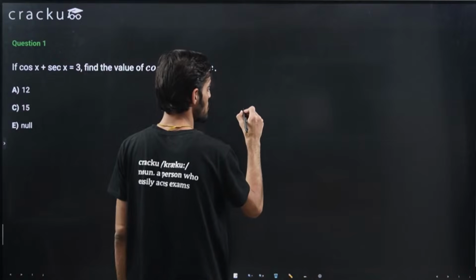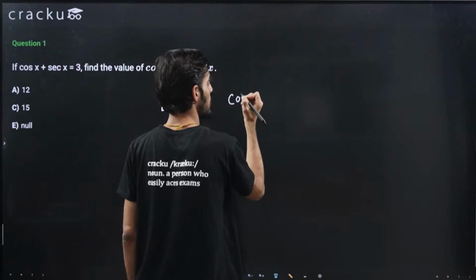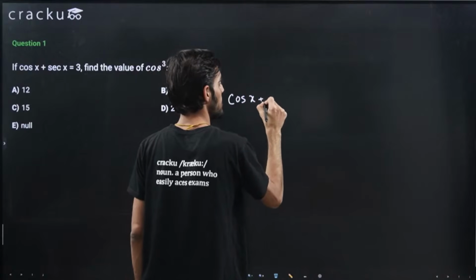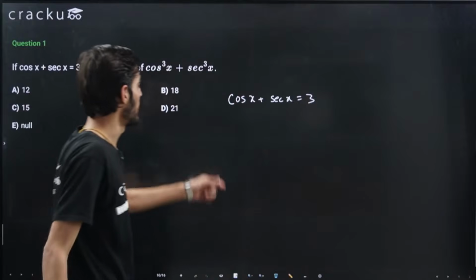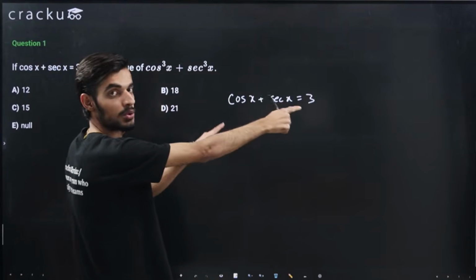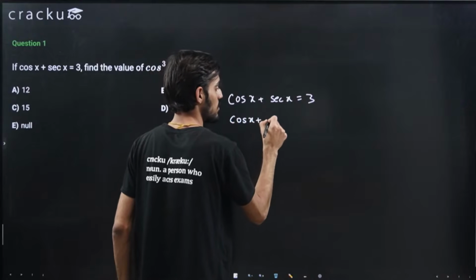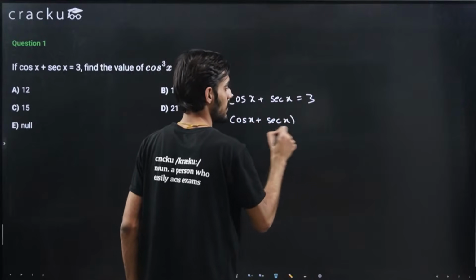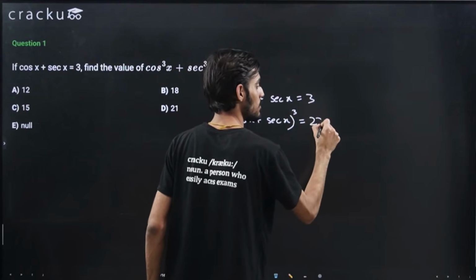So how can we approach this question? We are given that cos x plus sec x is equal to 3, and I need to find the cube, right? So I can just cube both sides. That is equal to the cube of 3, that is 27.